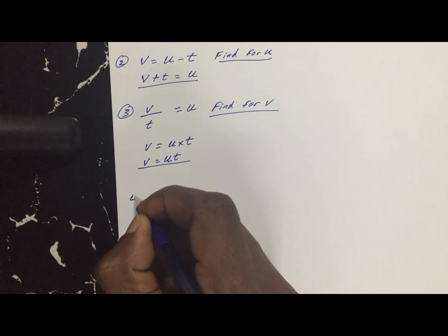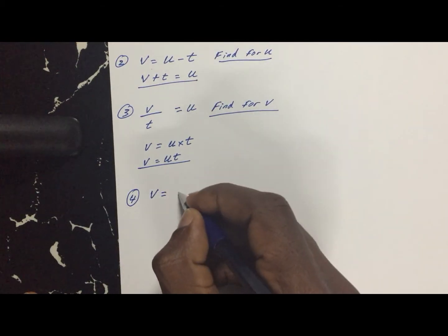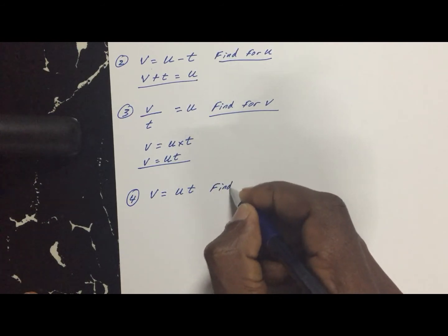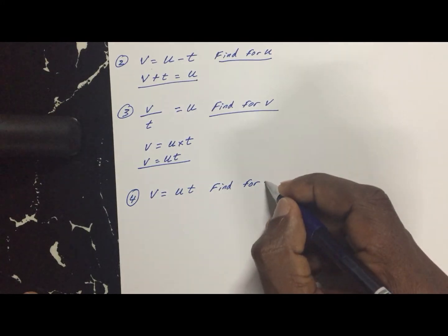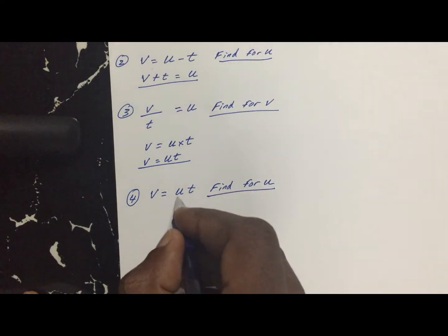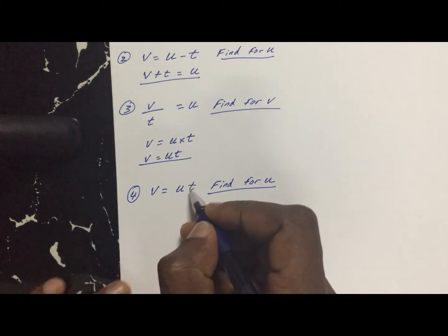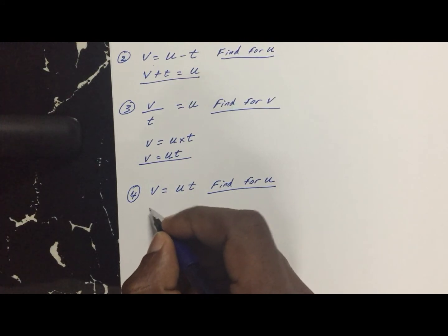Alright, so the fourth one on the list was v is equal to ut, and they asked us to find for u. So let's go. We're finding for u. The t there is a product and it's multiplying, so taking the t to the other side of the equal sign, what happens? It divides.